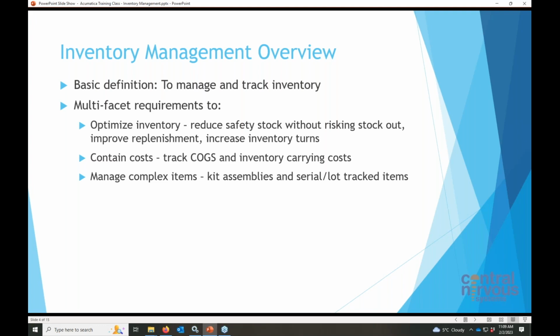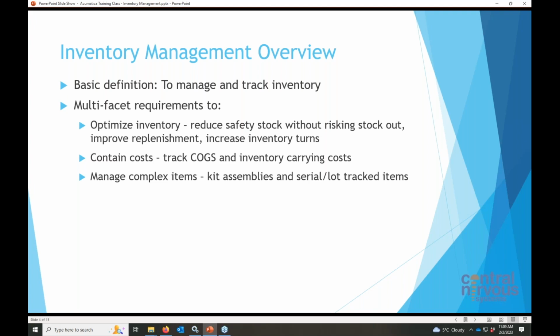And then, of course, at any given point, we want to be able to have a look at our existing inventory carrying costs. So how much inventory per item, per location or warehouse do we have? What's our carrying cost by location, by item class? We want to be able to review those options as well.